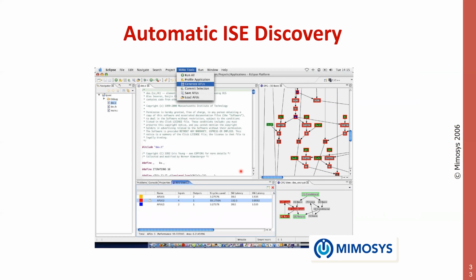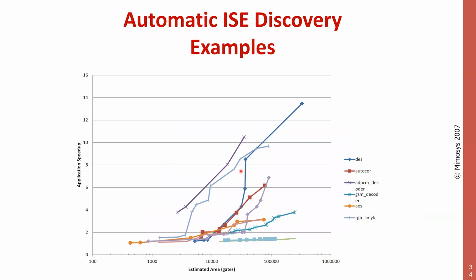You write C code, I'll tell you what to put into your processor to accelerate. Does it work? Yes, it works. And you see here, again, the orientation is slightly different because this is speed up, but it's a bit like the Tensilica slide that I showed before, the design space. These are all Pareto points, all optimal points in some sense.